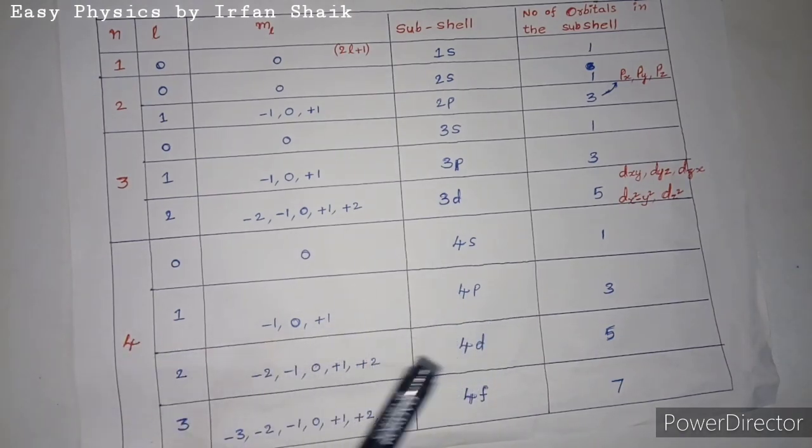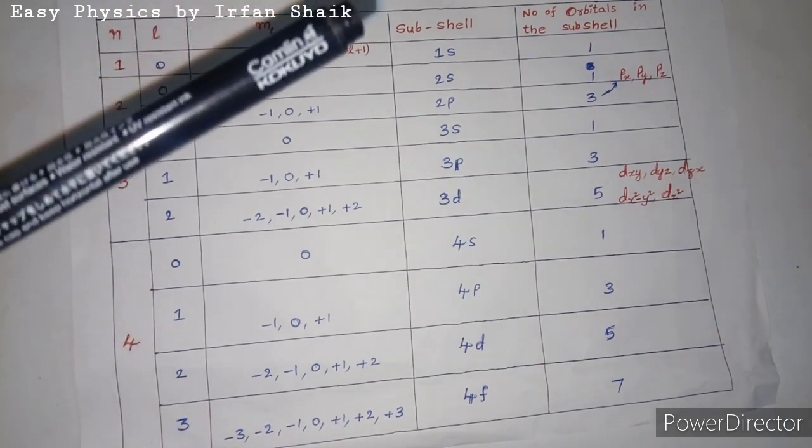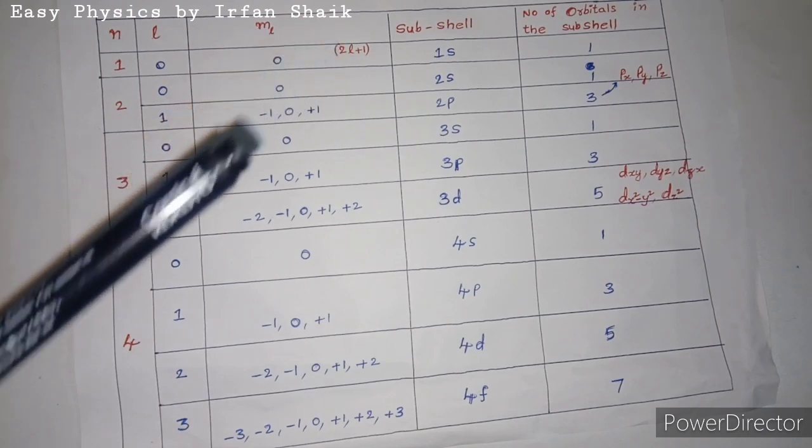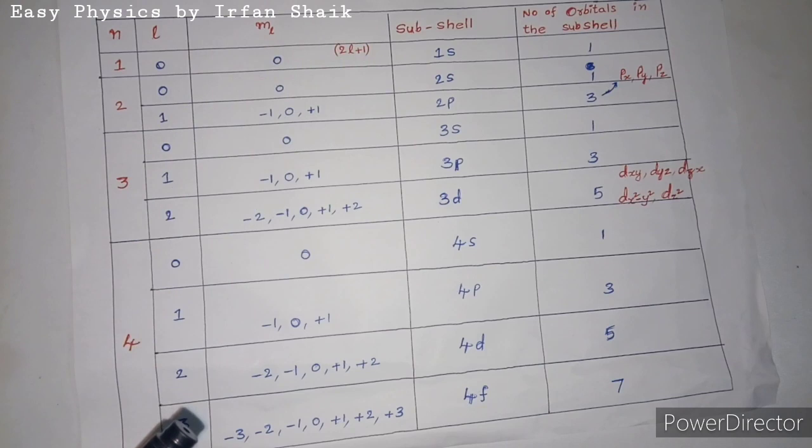and same like that 4d. And now the new one, when L is equal to 3, substitute this value in the 2L plus 1 formula, we get 7. That means there are 7 values here. So these 7 values are -3, -2, -1, 0, +1, +2, +3.